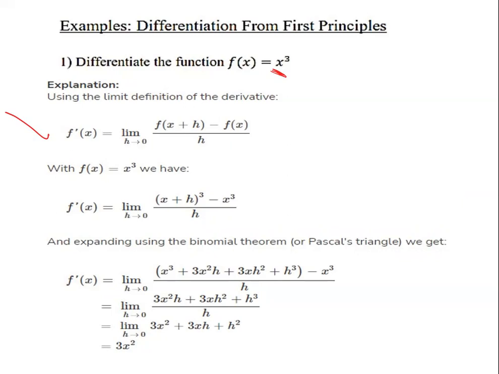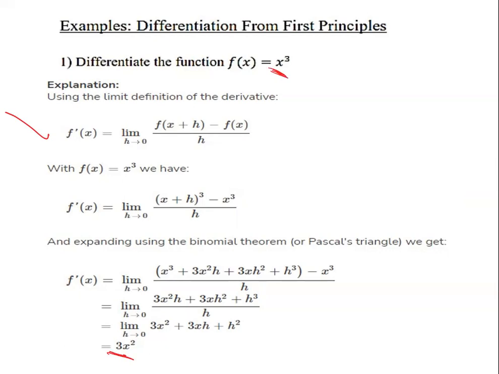Dividing through by h, we get this. And then as h tends to 0, this term here, 3xh plus h squared, will be practically 0 as well. And the expression boils down to 3x squared. And therefore, 3x squared is the gradient function of x cubed.